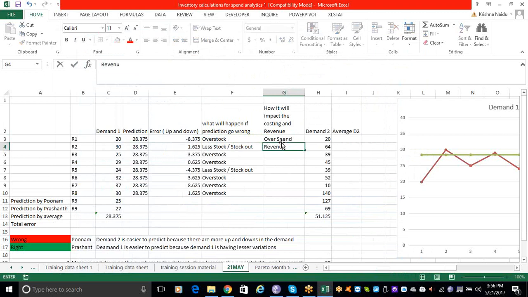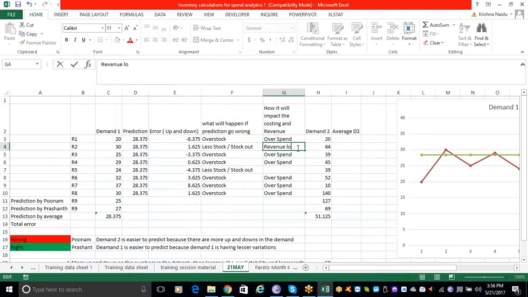Revenue loss. Production loss, yes, production loss means revenue loss. We will not be able to sell the products at the right time. Okay. So if it's overstock, it's overspend. That is also a spend leakage. And if it is less stock and stock out, that is also a revenue leakage.